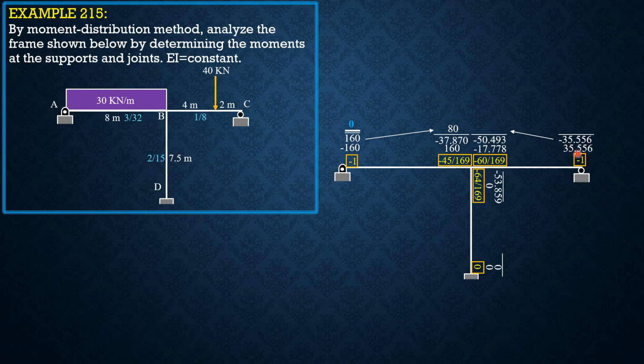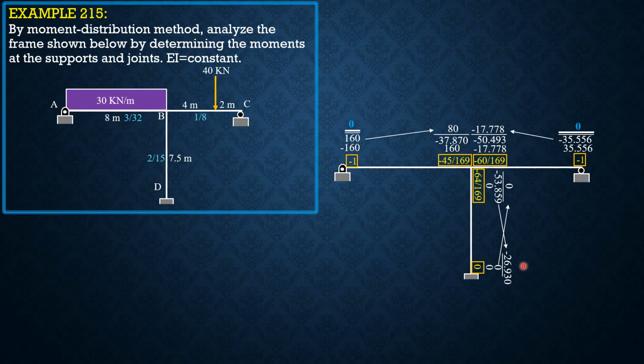So half of -35.556 is -17.778. Then we lock this finally, that anyway that's 0. Then half of 0 is 0, while half of negative 53.859 is negative 26.930.